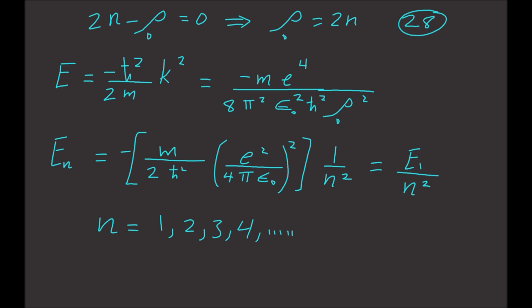Okay, so now we're going to combine two equations and put them together, and we'll arrive at the second constant, a very popular one too. If you recall, we have rho naught. We defined it as m e squared divided by 2 pi epsilon naught h bar squared times k, and we also have rho naught equals 2n.